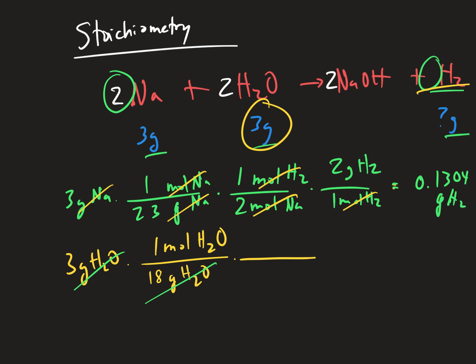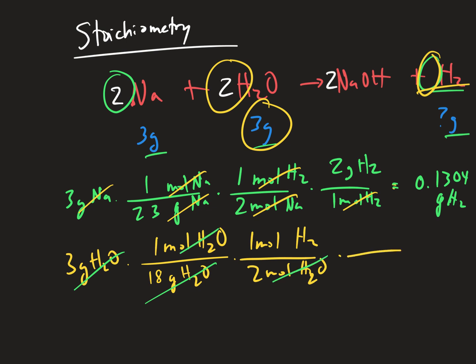Okay, what's the mole-to-mole ratio of water to hydrogen gas? Somebody tell me. 1 mole of H2 to every 2 moles of H2O. Does everybody get that? Right here and here, right? That's why you have to have a balanced equation, guys. So that goes away. And we're just going to copy and paste that. 2 grams of H2 every 1 mole of H2.